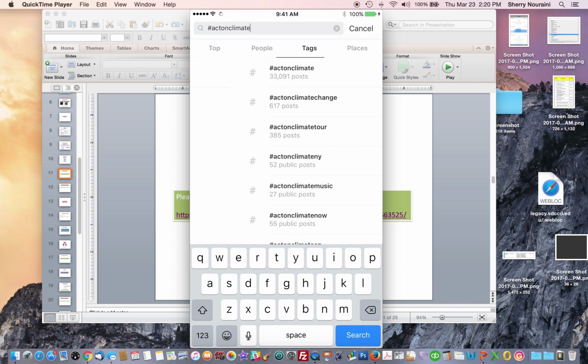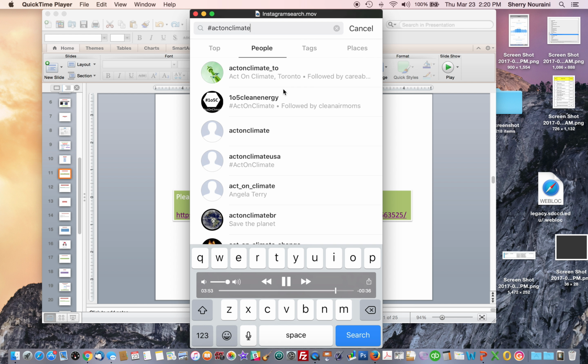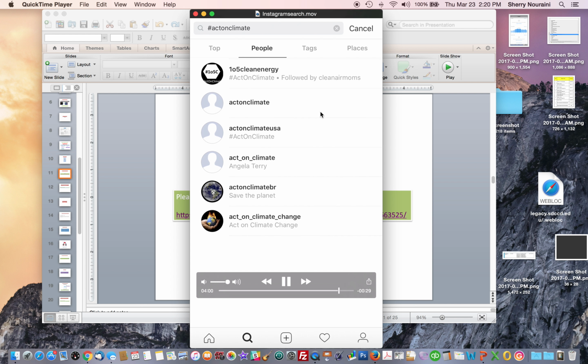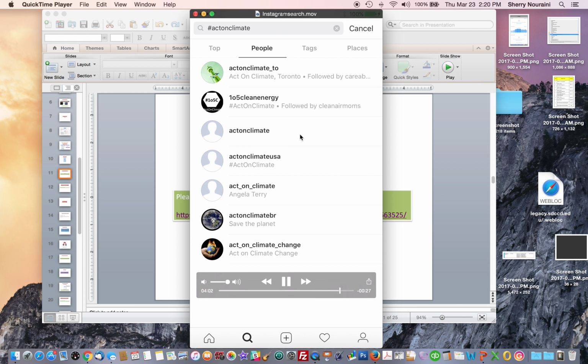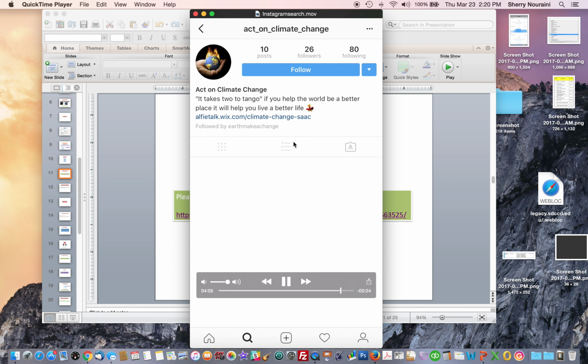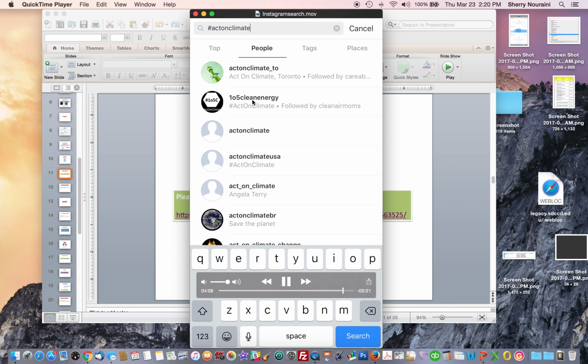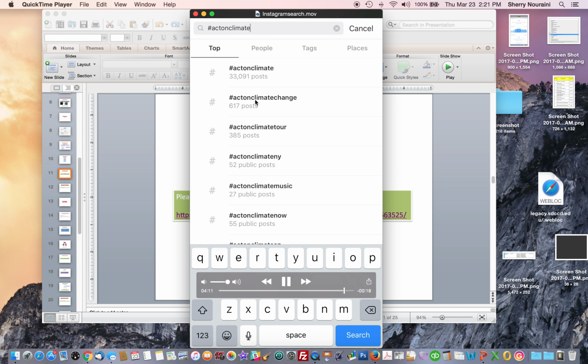We can also look for people using a particular keyword, and Act on Climate is a good one, and there are a number of them that have that name on it. There's another one, a specific account about Act on Climate.